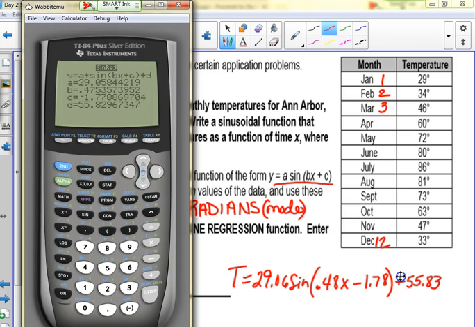Did someone else get those numbers, by the way? I should have asked that first. Okay. If I do look at the graph, it fits very nicely.